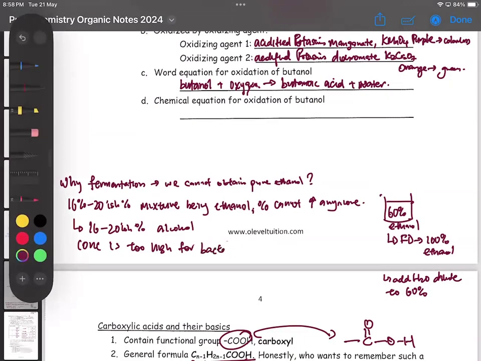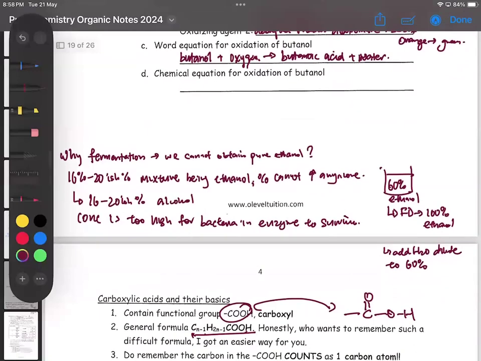It's too high for the bacteria and the enzyme to survive. So essentially, you're producing so much alcohol. If you are the bacteria, the alcohol that you produce kills you.